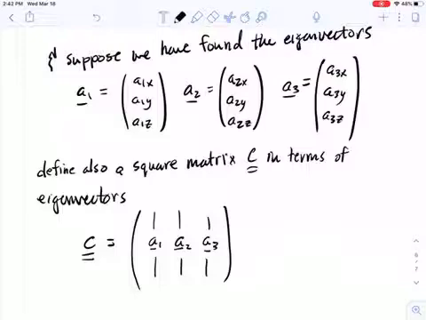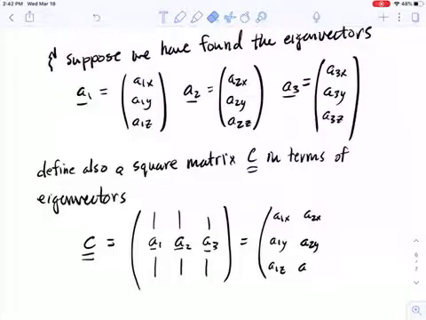I take my 3 column vectors, put them side by side, and make a square matrix so that the elements of C are the 3 components of A1, the 3 components of A2, and the 3 components of A3. So this is A2Z we still need, and then we need A3X, A3Y, A3Z. Okay, so there it is.